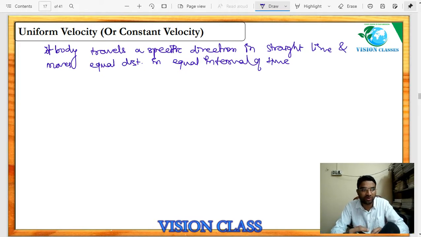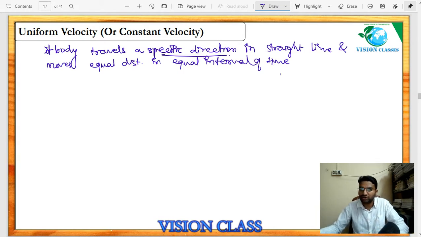Here two things are important: one is the speed of the body and the other is direction, a specific direction or a straight line direction. But by changing the direction the velocity might change.